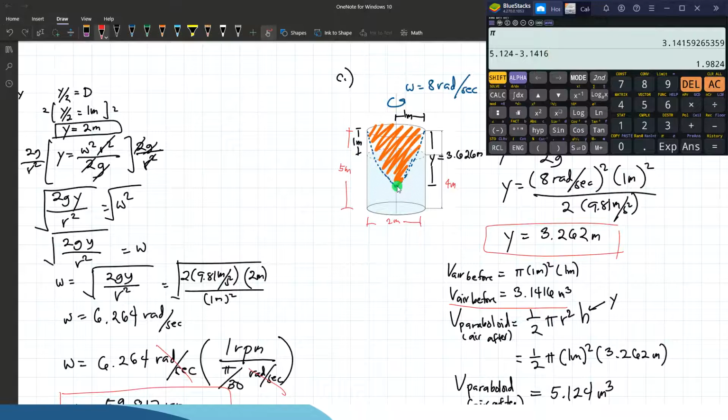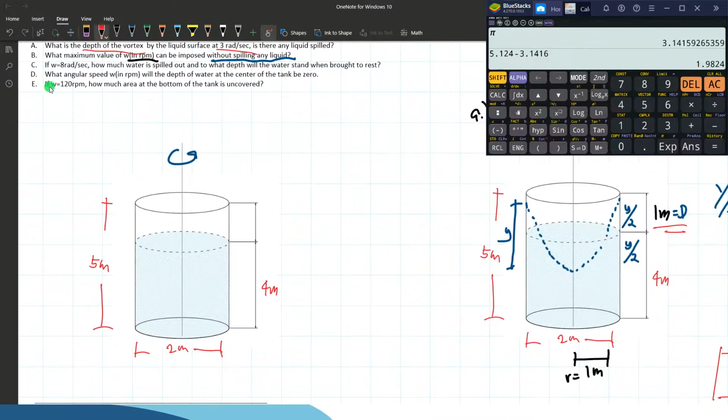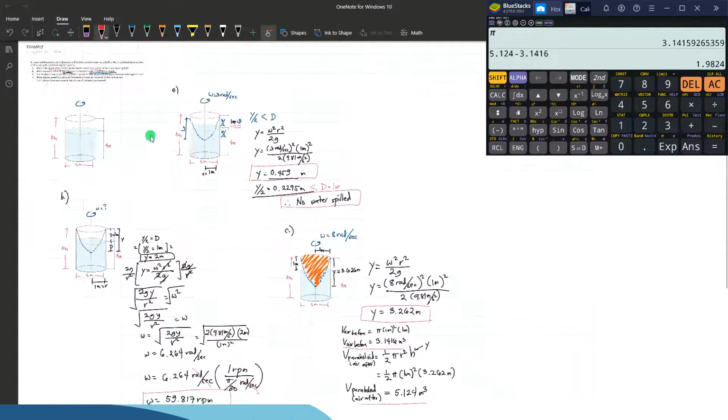So the vortex will just reach in between this container. But in letter D, we are required to determine the angular speed, which is in RPM, for the depth of water, or for the liquid surface, to reach the bottom of this container.